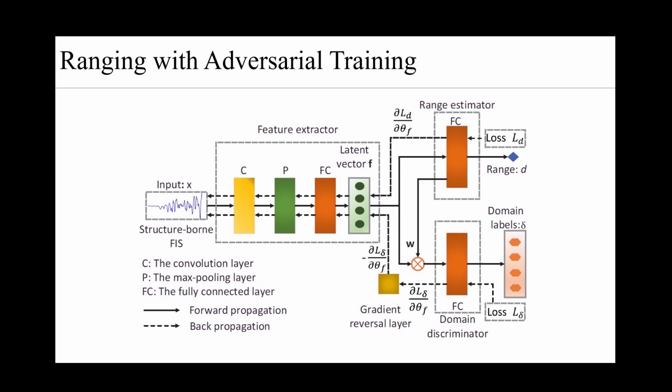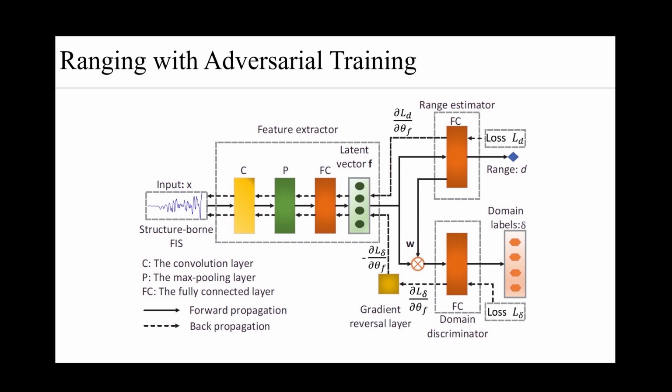The input to the domain discriminator is a weighted feature vector, whose weights are extracted from the range estimator. The ultimate goal of this network is to obtain a domain-independent feature vector so as to achieve accurate range estimation and cheat the domain discriminator. It is this domain-independent feature vector with only range-specific features that enables cross-domain generalization.